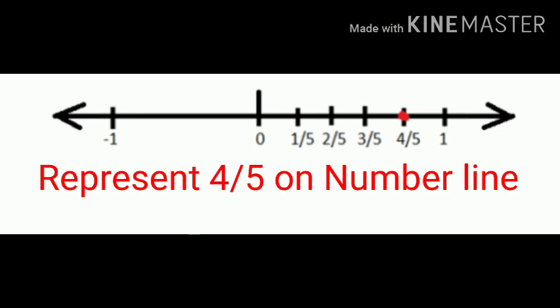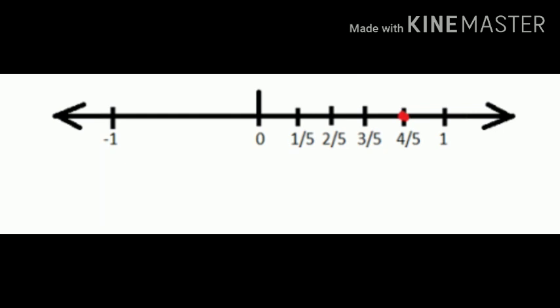See where 0 is written in the picture and where 1 is written. Between 0 and 1, how many smaller lines are drawn? See, 1, 2, 3, 4 and 5. The fifth one is where 1 is written.